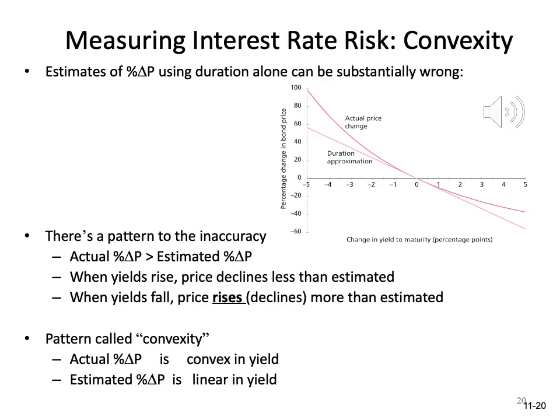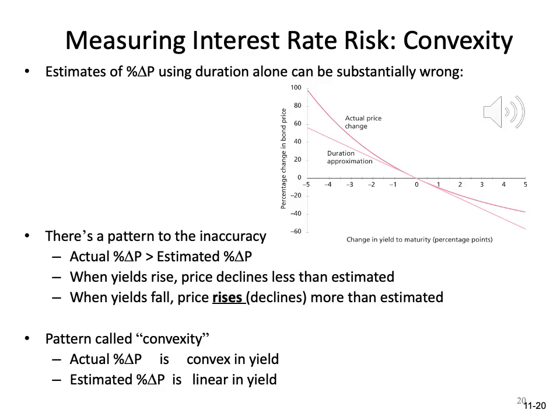And in this picture, we showed you the percentage change in the price versus the change in the yield again. The light pink curve, the straight line, is the duration approximation, a linear function, while the actual price change is a convex function, a curved one.